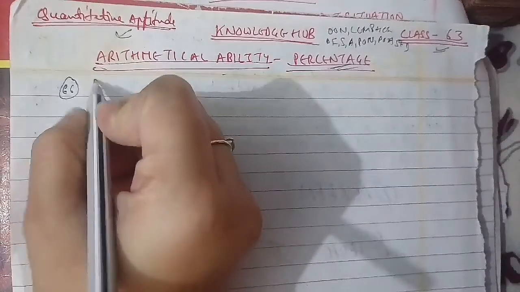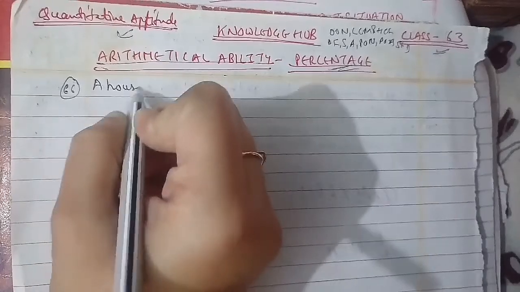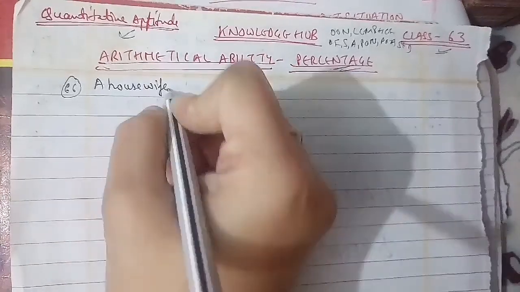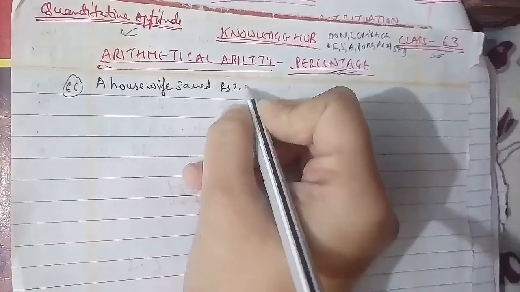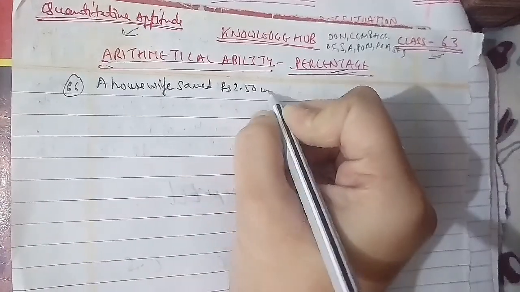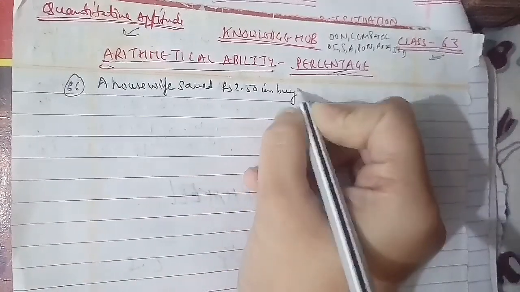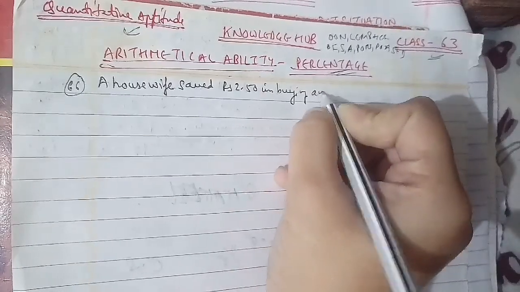A housewife saved rupees 2.50 in buying an item on sale.